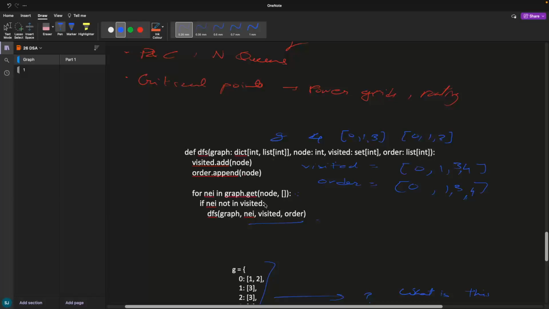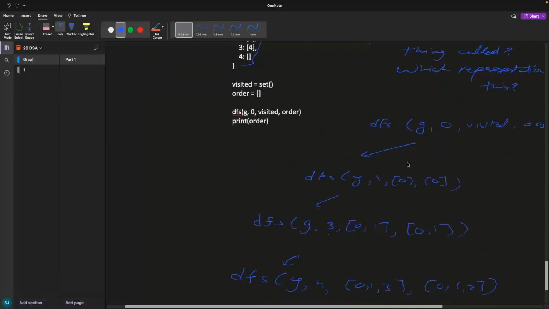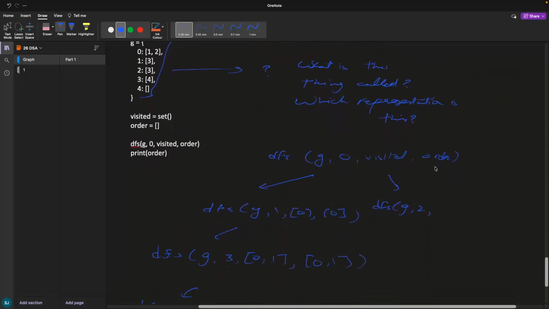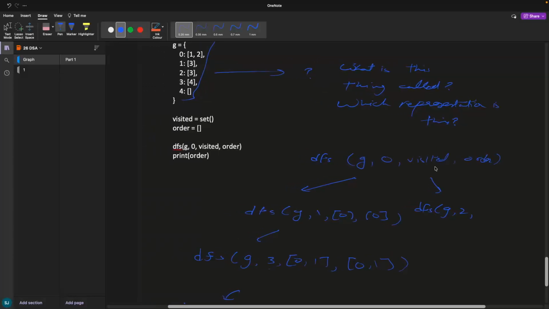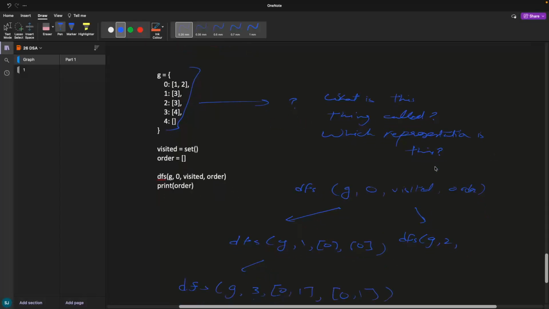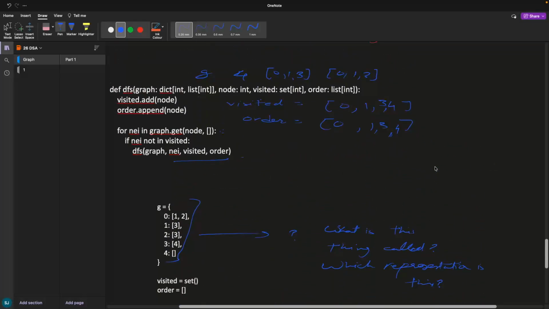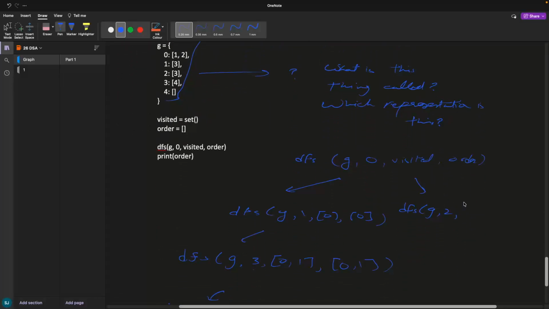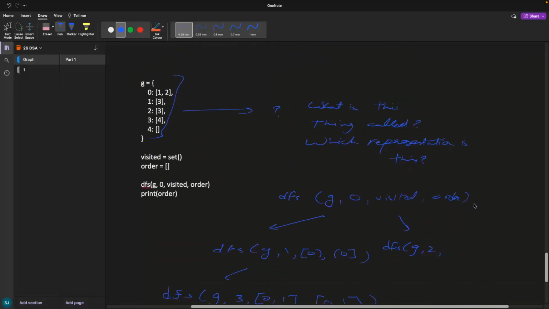Now is 2 in this thing? नहीं है, so you essentially end up with DFS G2 and then you end up with visited of what was it, 0 1 3 4.